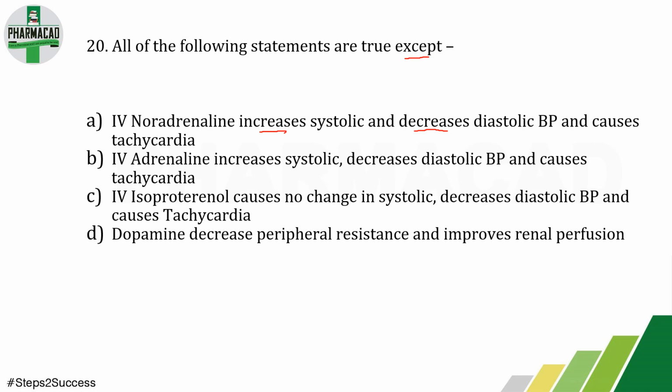Next statement says that isoproterenol causes no change in the systolic, decreases diastolic blood pressure and causes tachycardia. And the fourth statement says that dopamine decreases peripheral resistance and improves renal perfusion. So let's look at its solution.